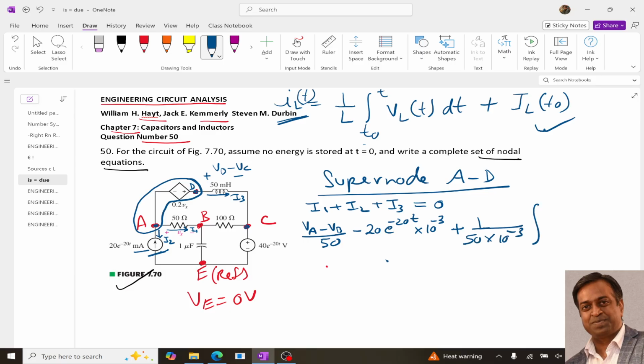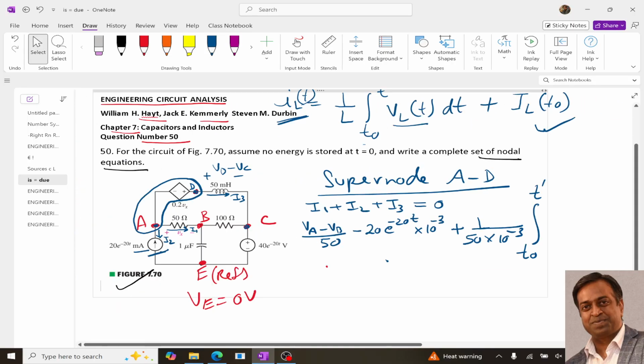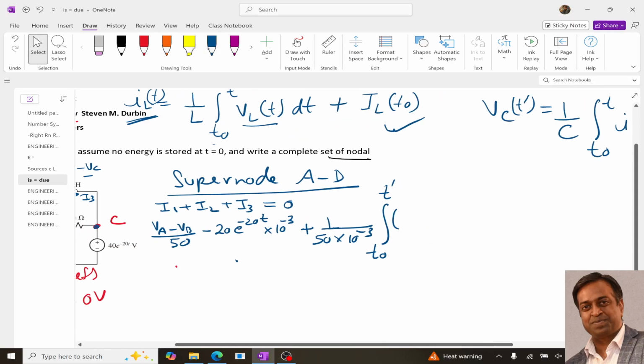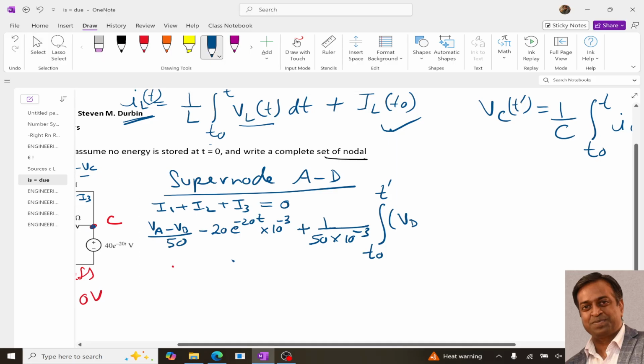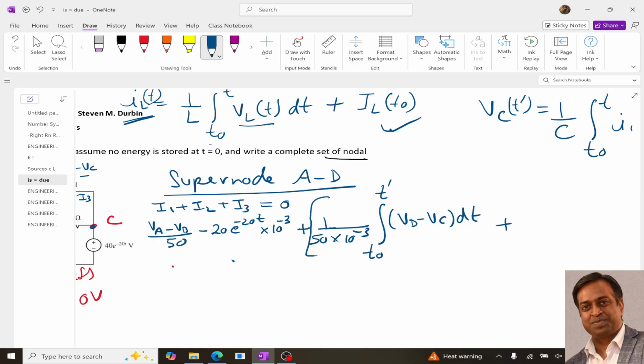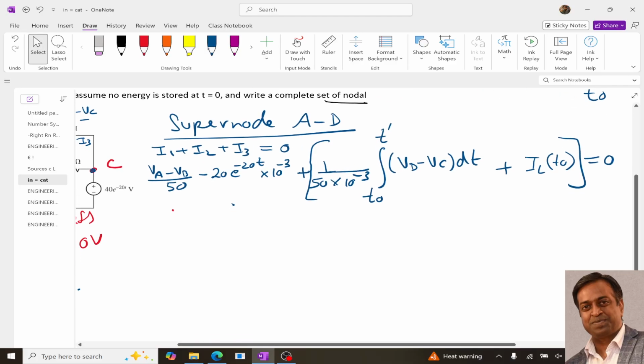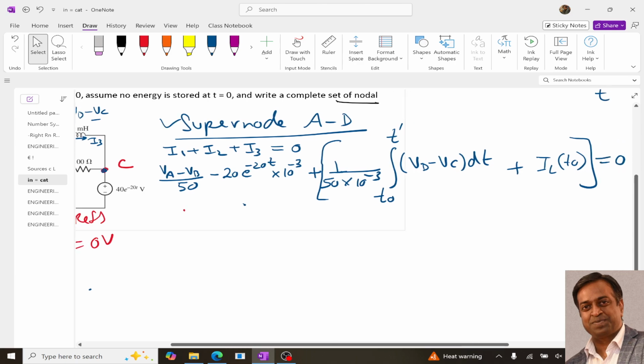Now integration from t naught to t dash, VL(t). Now VL(t) is VD minus VC, so it is VD minus VC dt plus IL(t naught). Now IL(t naught) equal to 0. So this is our equation that we got from the super node AD.